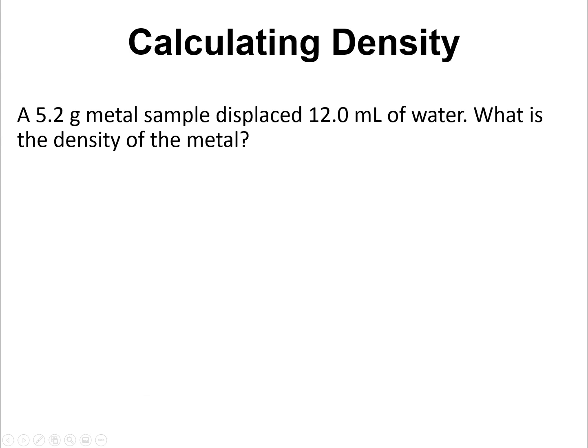This is a very similar question. You've got a mass of metal that displaces a volume of water, and you have to calculate the density. I'll give you 2 minutes, and I'll check back in. I'm going to set up the problem.